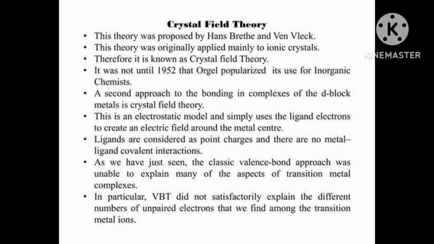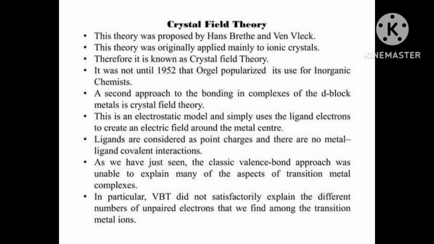Then here I am discussing the explanation of splitting of d orbitals. Crystal field splitting in octahedral coordination entities. Okay, I will discuss crystal field splitting in case of octahedral coordination entities or complexes. An octahedral coordination entity means a complex ion, don't forget.